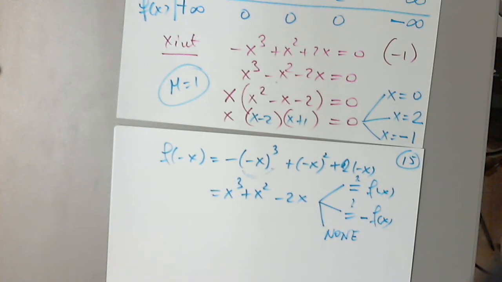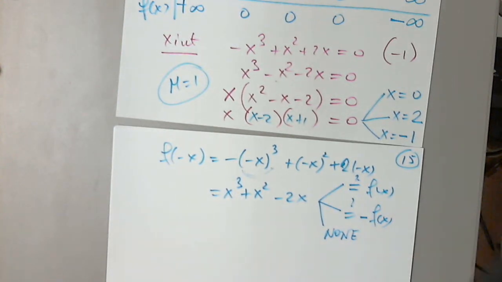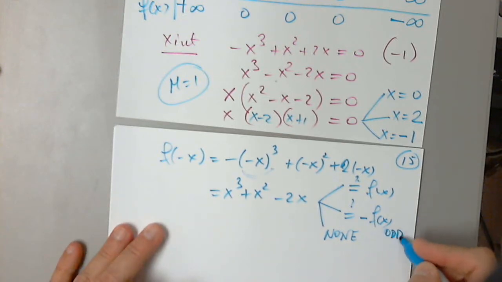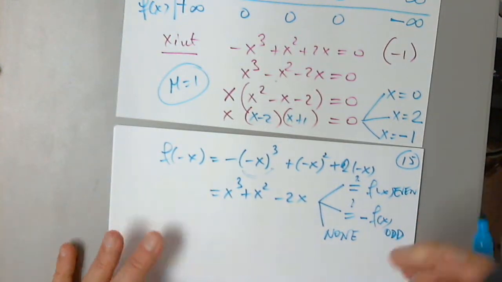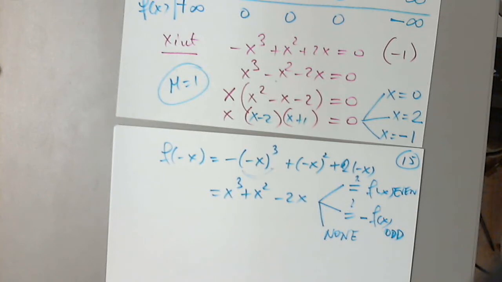For symmetry, we will always determine f of negative x. I just plug it in everywhere and I simplify. So is it odd, even, or none of the above? Remember, this was odd, and this was even. This has nothing to do with the degree.